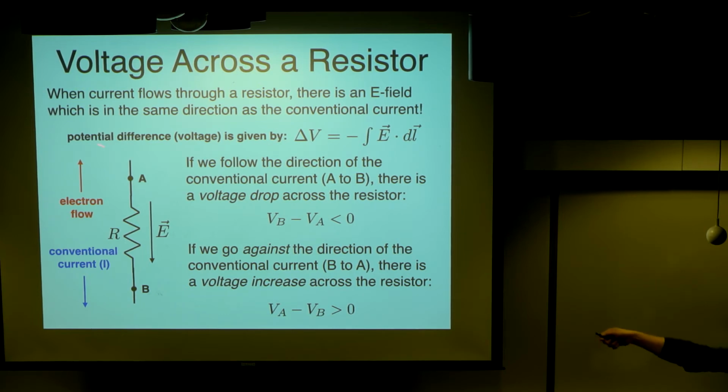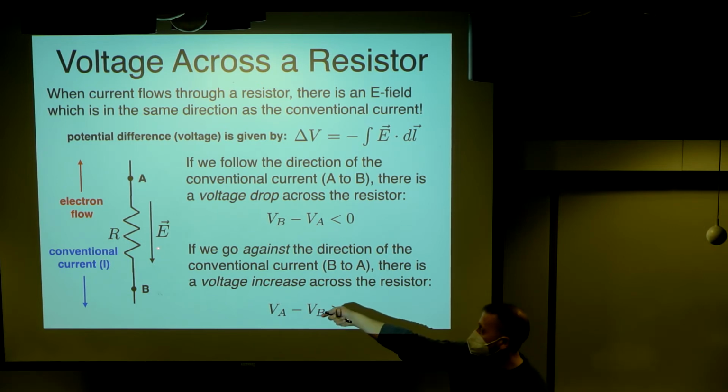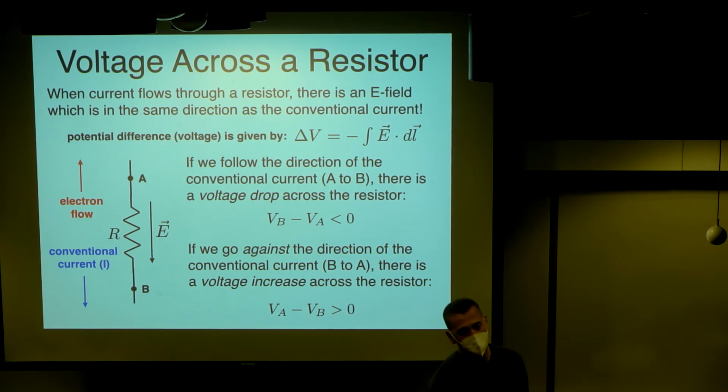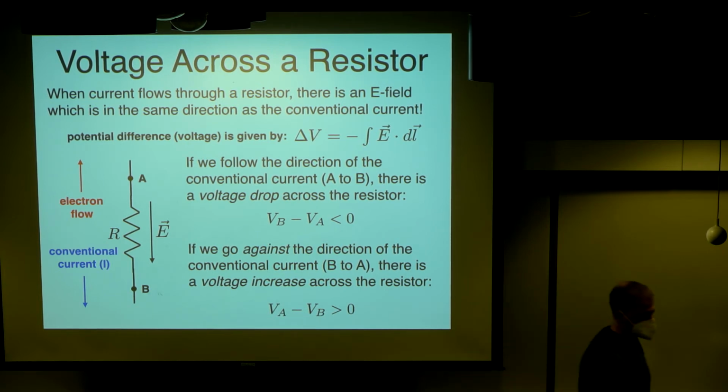So as we go from point A to point B, the correct direction for the conventional current is downwards, okay? And as we know, that means there's an electric field pointing in that same exact direction. We already showed why this is the case. So there's an E field going in the same direction as the conventional current.